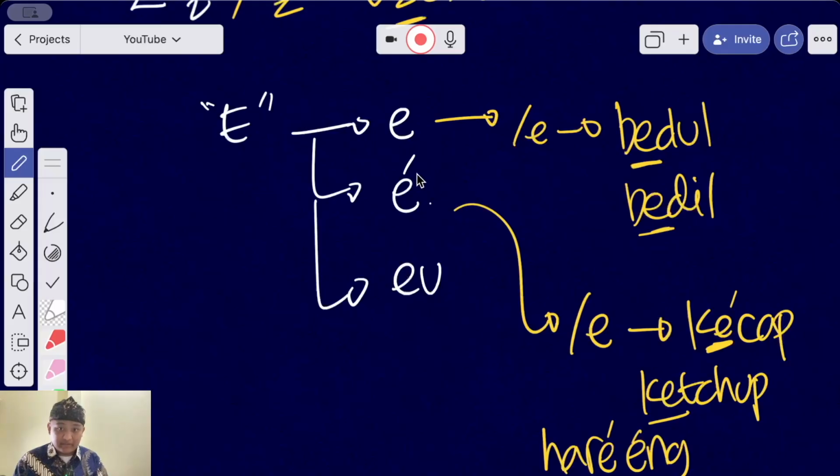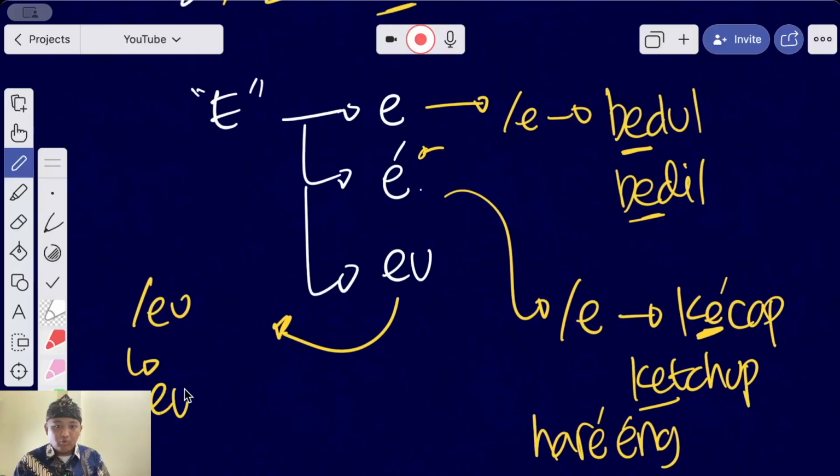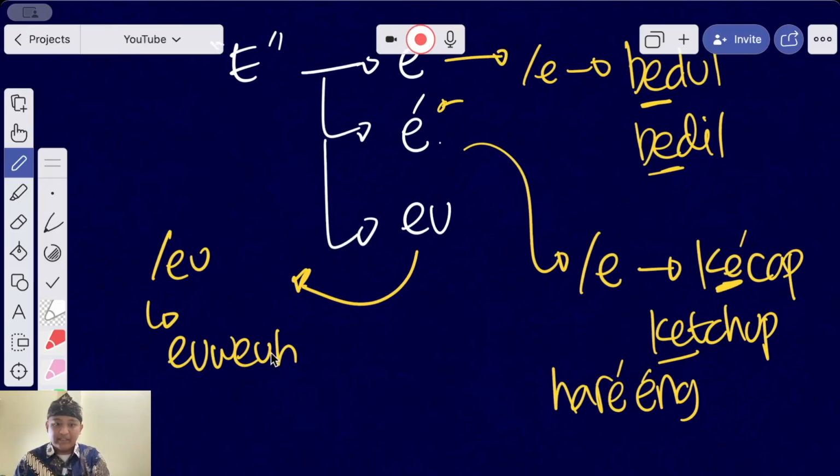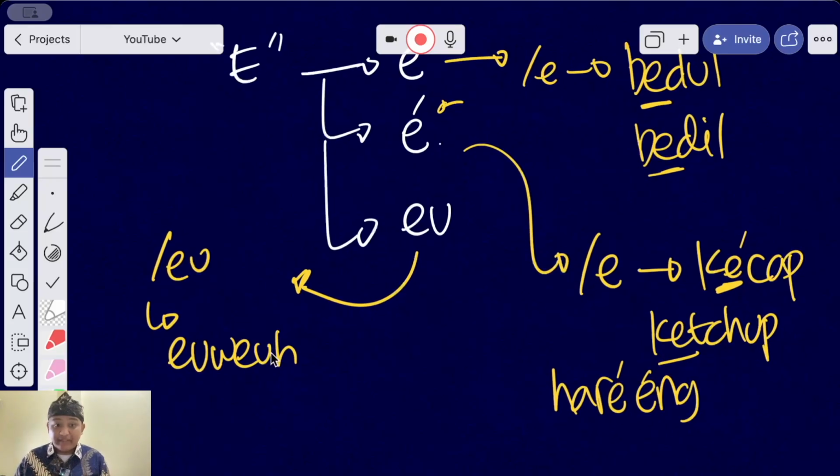If you use this little mark, we call it curak in Sundanese. For this one, you read it as in this Sundanese word that means empty or unavailable.